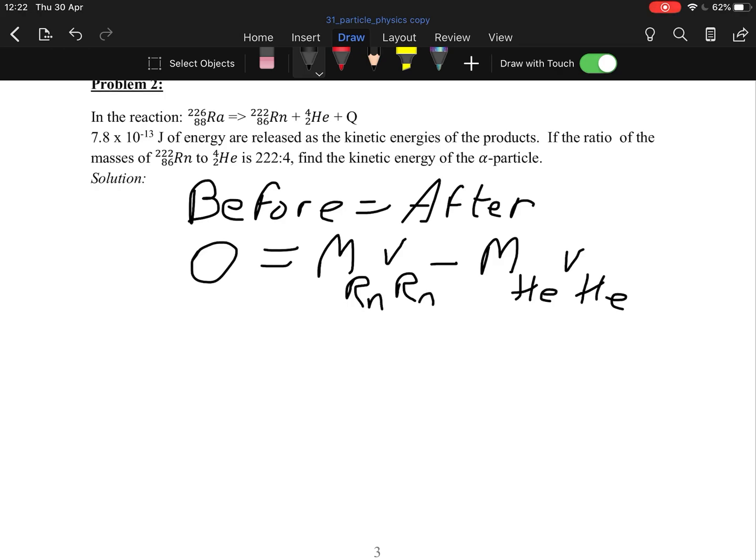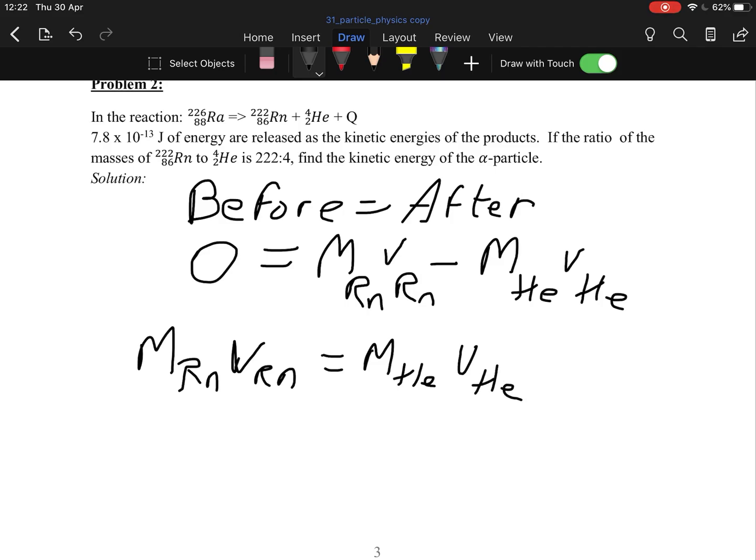All right, so now to get rid of the minus, we bring one value to one side and the other value to the other side. So we can rewrite this as M Rn V Rn equals M He V He. I'm going to take the M's to one side, the V's to the other.